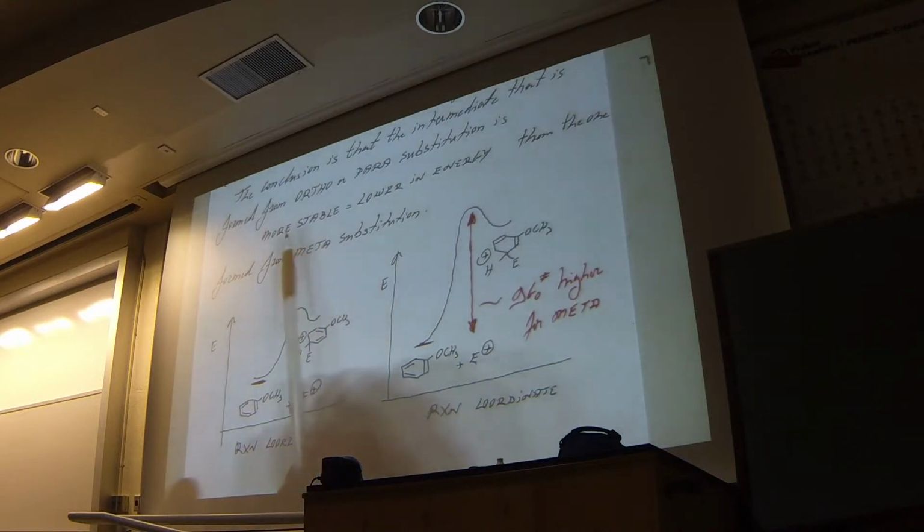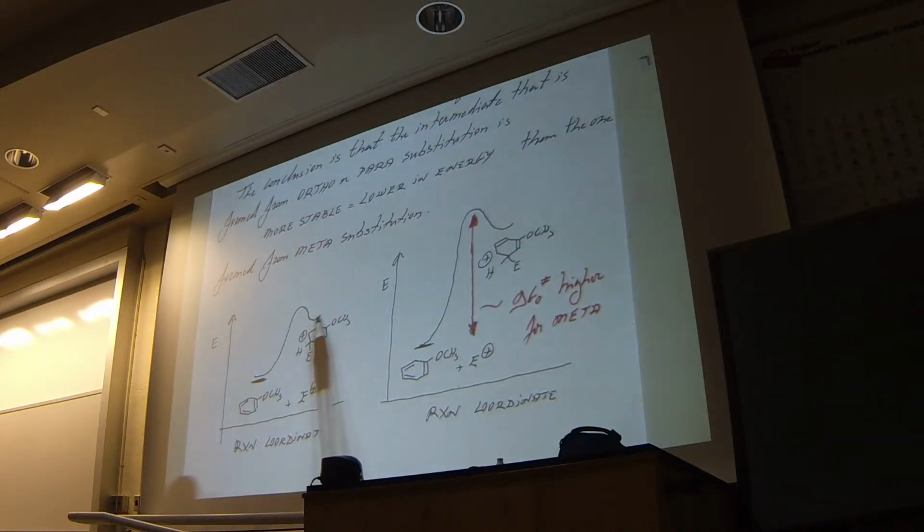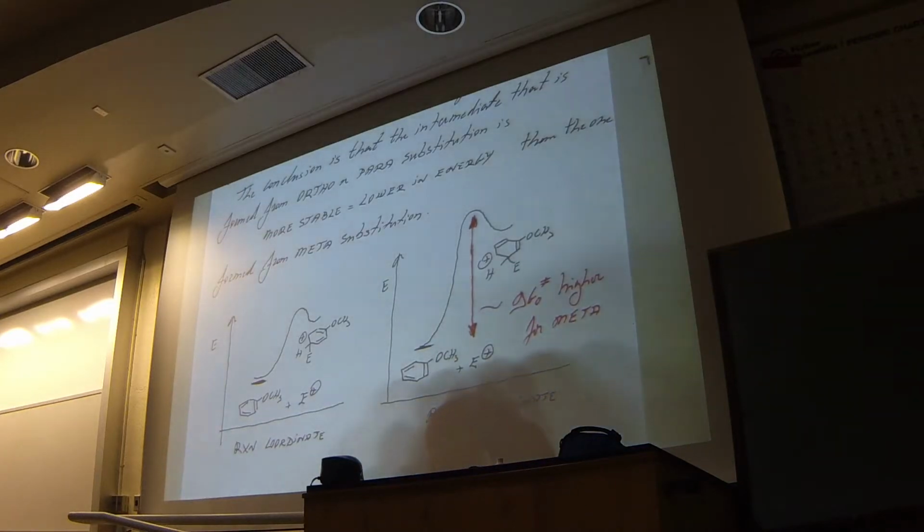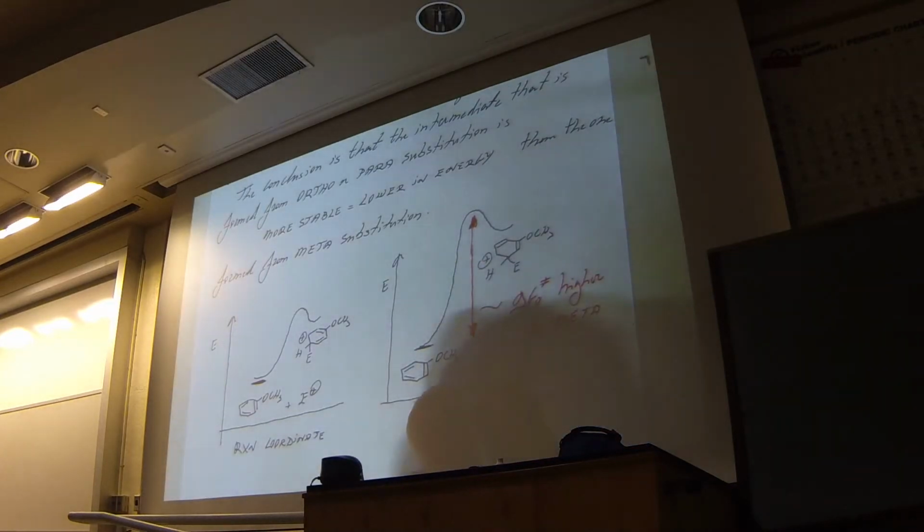The more stable the intermediate, the lower in energy, and so the faster you form para or ortho substitution, and the slower you form meta. So the activation energy is larger for meta. Very simple argument, easy to see, drawing resonance structures. That's the situation you have for ortho/para.